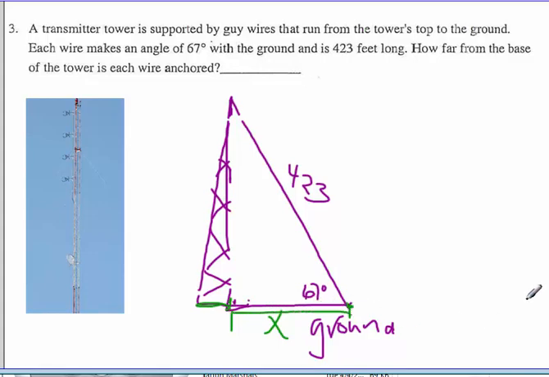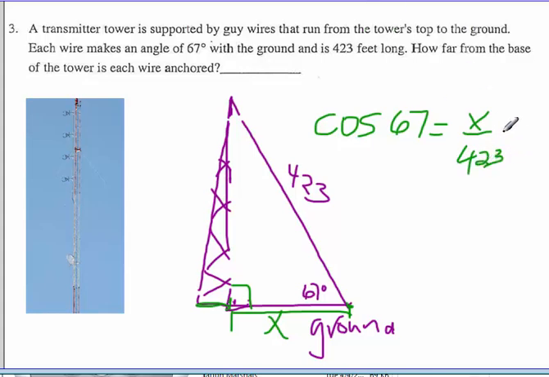Okay, so we've got the angle and we want to find the side adjacent to it, and we happen to have the hypotenuse. So the best trig function here is the cosine. So we do the cosine of 67 degrees is equal to x over 423. I bet you can figure out what we do. We're going to multiply both sides by 423 and punch it into our handy dandy calculator and get our answer.